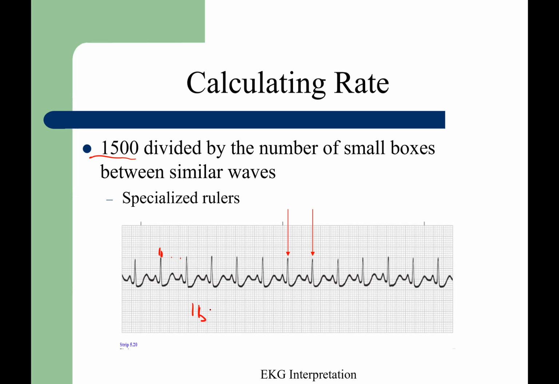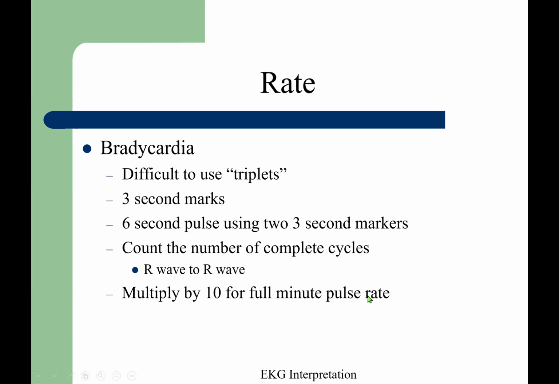So 1500 divided by 13 boxes equals 115 beats per minute. And those are your three methods.